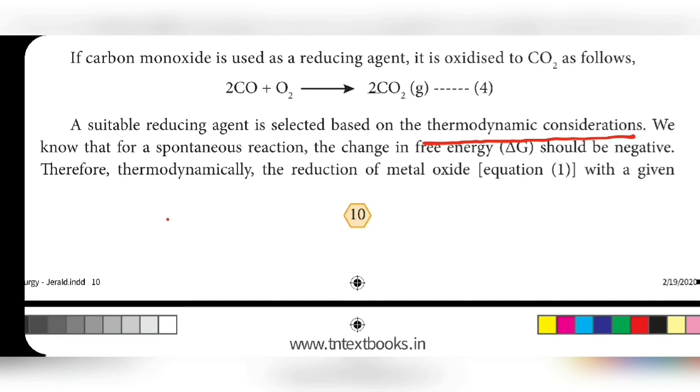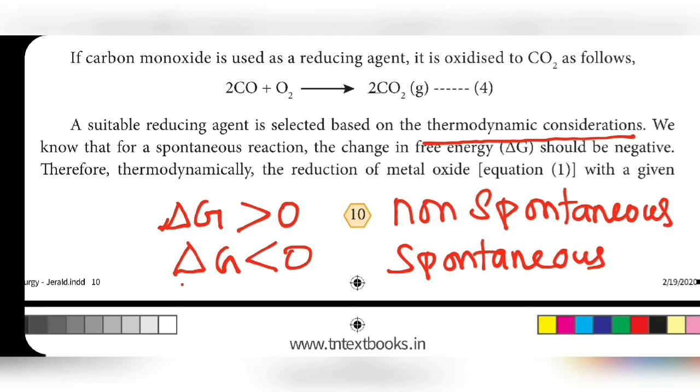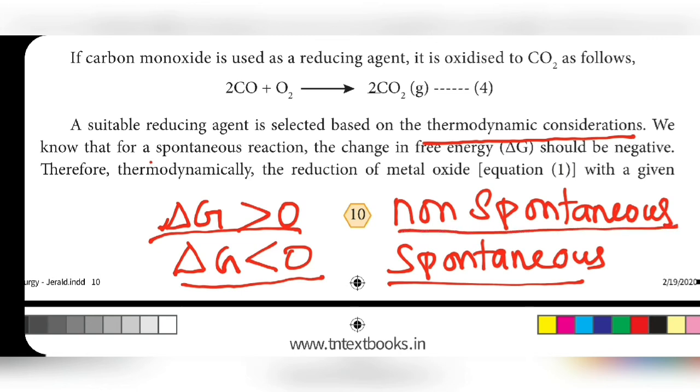In 11th standard, you learned the conditions in the thermodynamics lesson: delta G less than 0 means spontaneous, the reaction is possible. Delta G greater than 0 means the reaction is non-spontaneous. That same point is applied here.